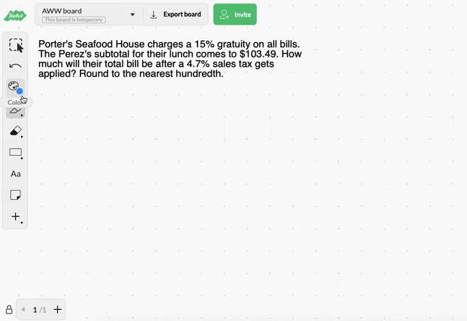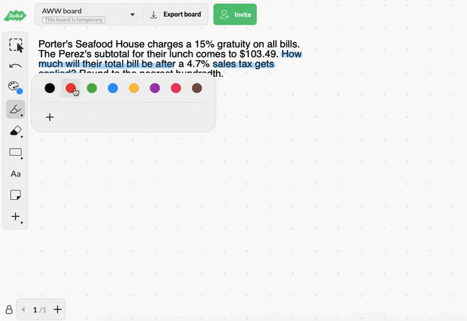Okay, so we'll start with the question so that we know where we are. How much will their total bill be after sales tax gets applied? I didn't highlight the 4.7% because I'm going to use that more as information.